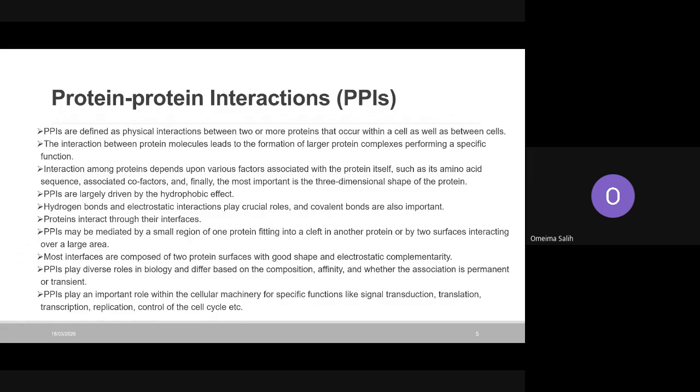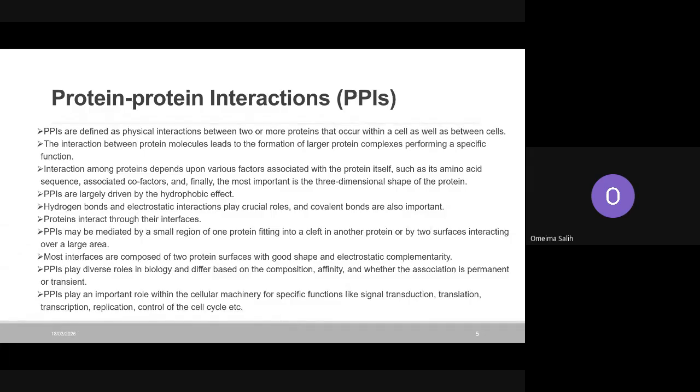So what are protein-protein interactions? These are defined as physical interactions between two or more proteins that occur within a cell as well as between cells. Because we are talking about proteins and polypeptide chains, cell membranes are also composed of a high percentage of protein.